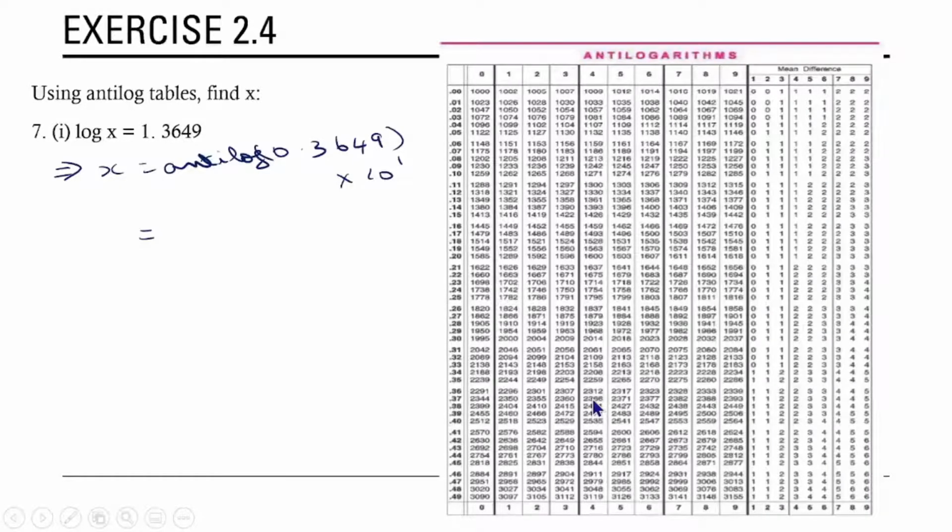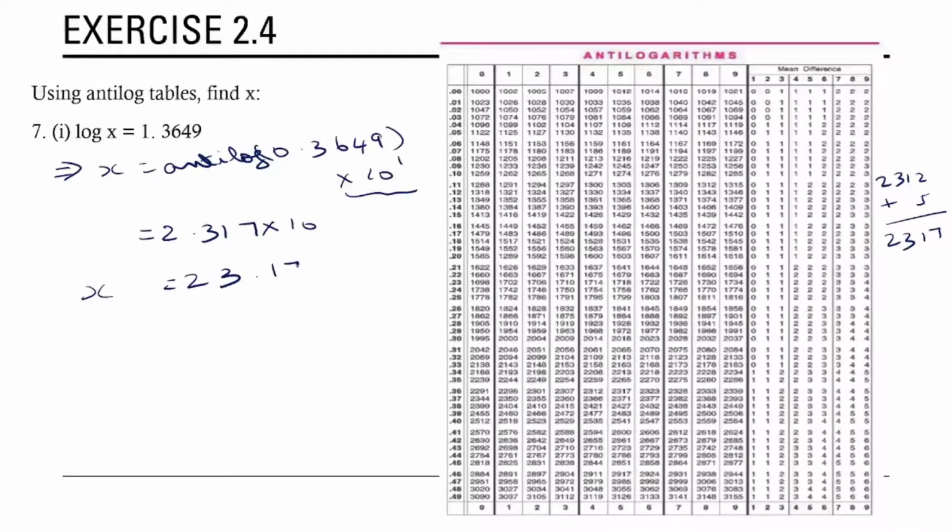The value is 2312. Then we add the mean difference in the same row corresponding to column number 9, which is 5. So 2312 plus 5 is 2317. So antilog of 0.3649 is 2.317. Then we have into 10 raised to 1, which is 10. So x is 23.17.